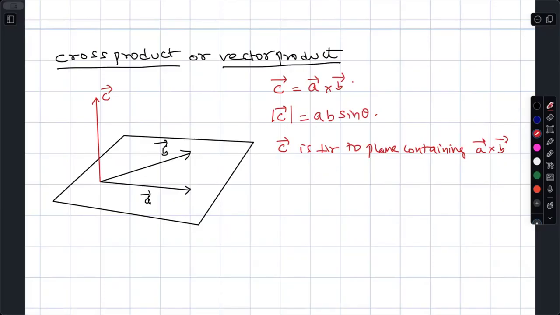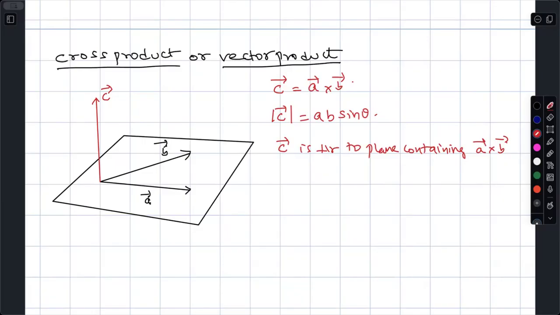I'll just show you the diagram. There are different versions, like the right hand corkscrew rule, something like that.